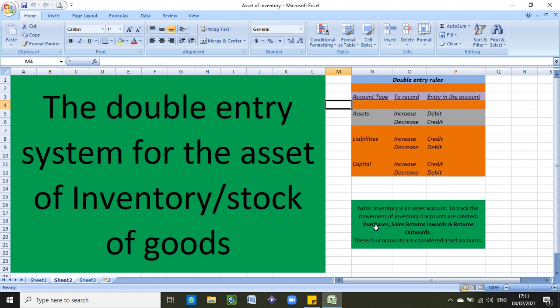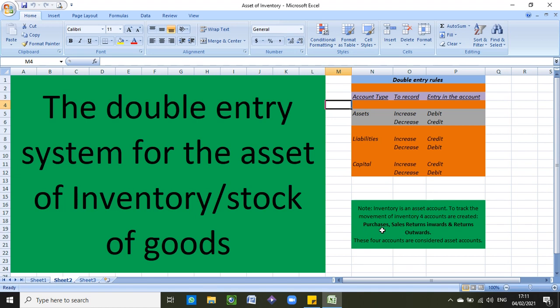So you would record that particular purchase of inventory on the T account named purchases. Now, purchases, like the other 4 accounts that I have here, are considered asset accounts. So that means that they increase on the debit side and they decrease on the credit side. All of these accounts have that rule because they fall under the category of asset accounts.